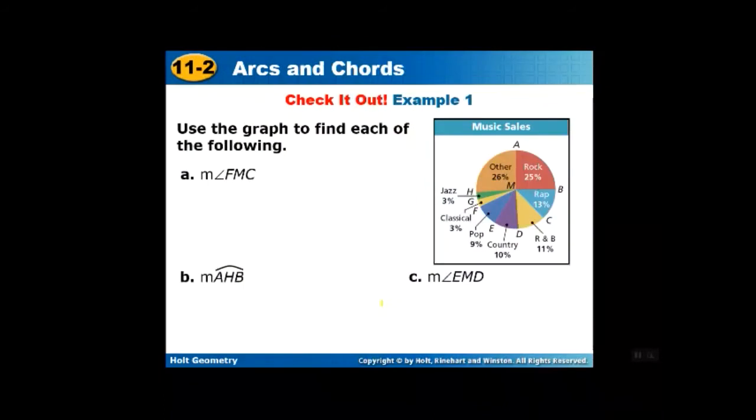Another example for this graph: use the graph to find each of the following. Measure of angle FMC. Look here in the graph, it includes the 9% and the 10% and the 11%.